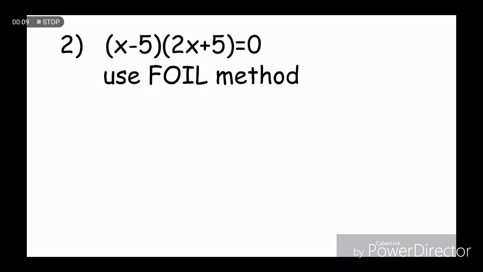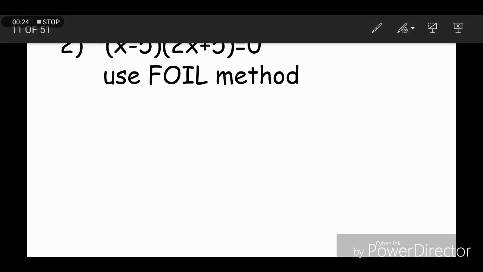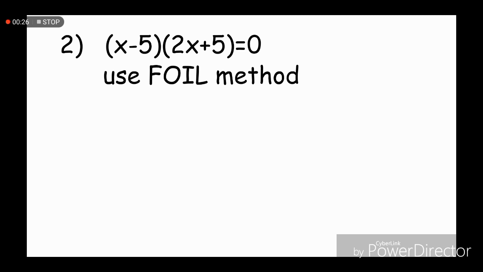Number 2, the quantity of x minus 5 times the quantity of 2x plus 5 equals 0. In this case, you're going to use the FOIL method to simplify it to know if it is a quadratic equation or not.